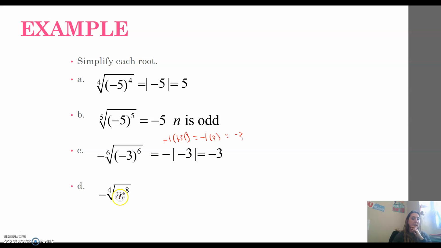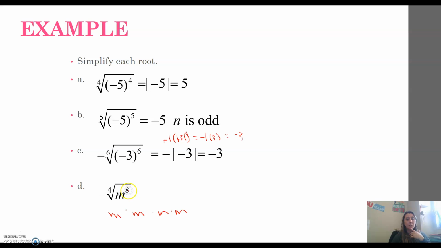So what we're asking here is, what base of m to what power will get me to the 8th, 4 times? One way we can do that is, I know I need to multiply m to something 4 times, because it's to the 4th power.